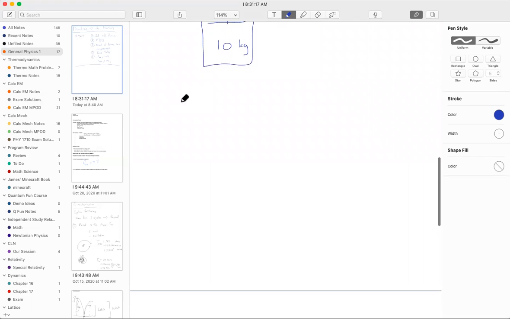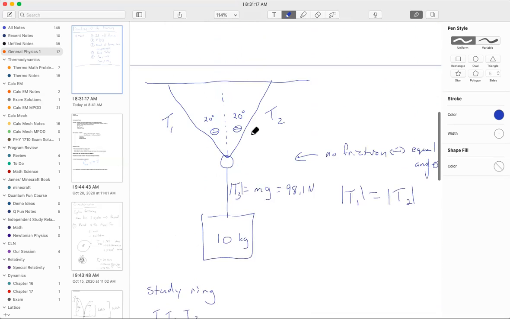All right, so let's go. We've got the forces acting on the ring, so we study the ring, and the forces are tension 1, tension 2, and tension 3. The ring has no significant mass, so don't worry about that. I draw my free body diagram, then my force tension 3, and now I can't remember how I labeled it.